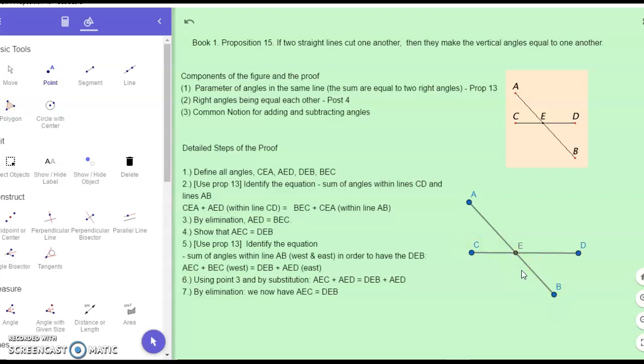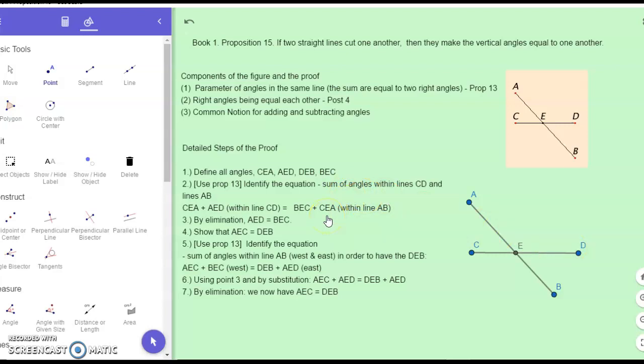Second, we will identify the equations within line CD and line AB. We'll consider the northern hemisphere of line CD. Let's draw an equation based on Proposition 13, the sum of the adjacent angles equal to two right angles. So we have CEA plus AED, the sum of angles.